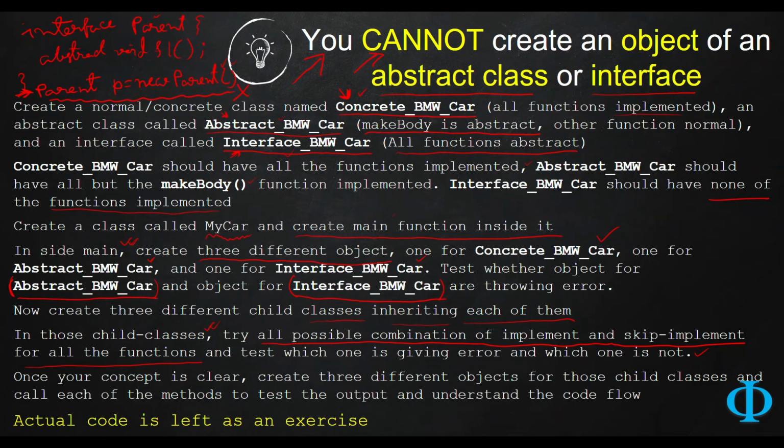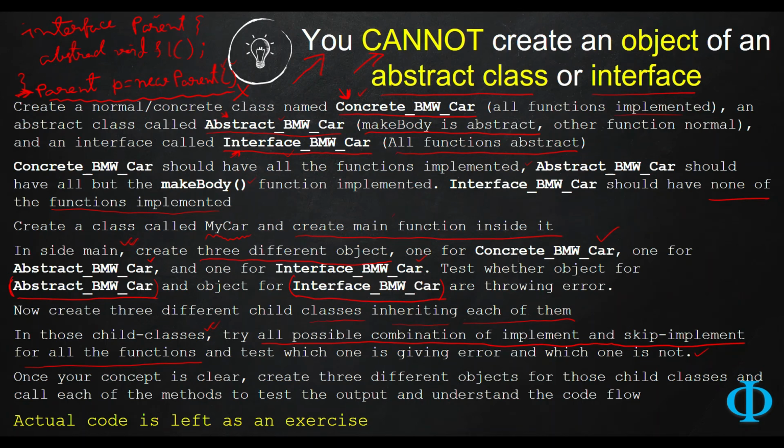And then let's say your child of interface BMW car implements interface BMW car, and you skip the implementation of any of the functions like make body, make interior, or make engine. If you skip any of them, it is going to throw an error. So just try all the different possible combinations of implementing and skipping functions of the concrete class, abstract class, and interface.